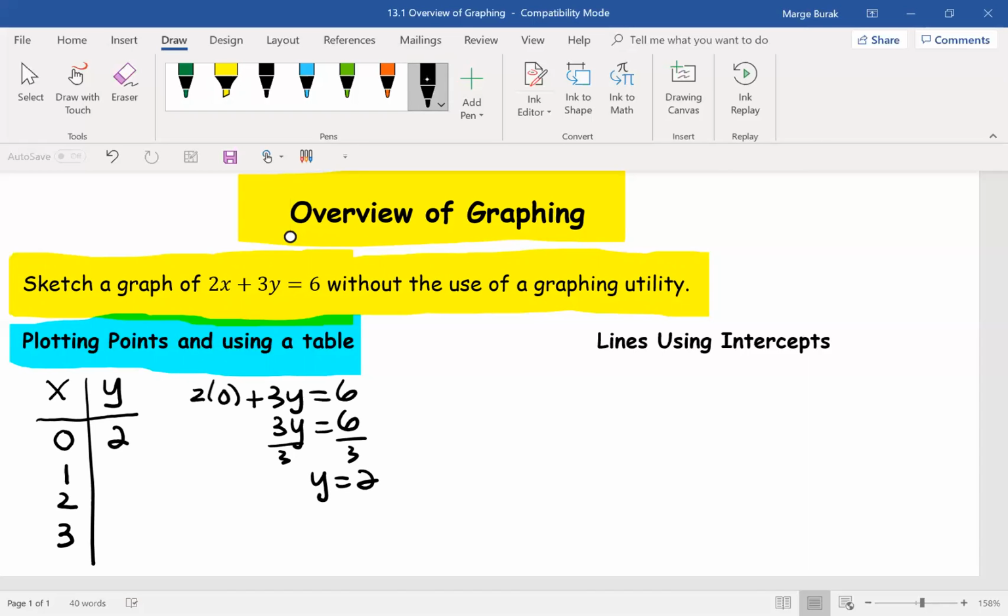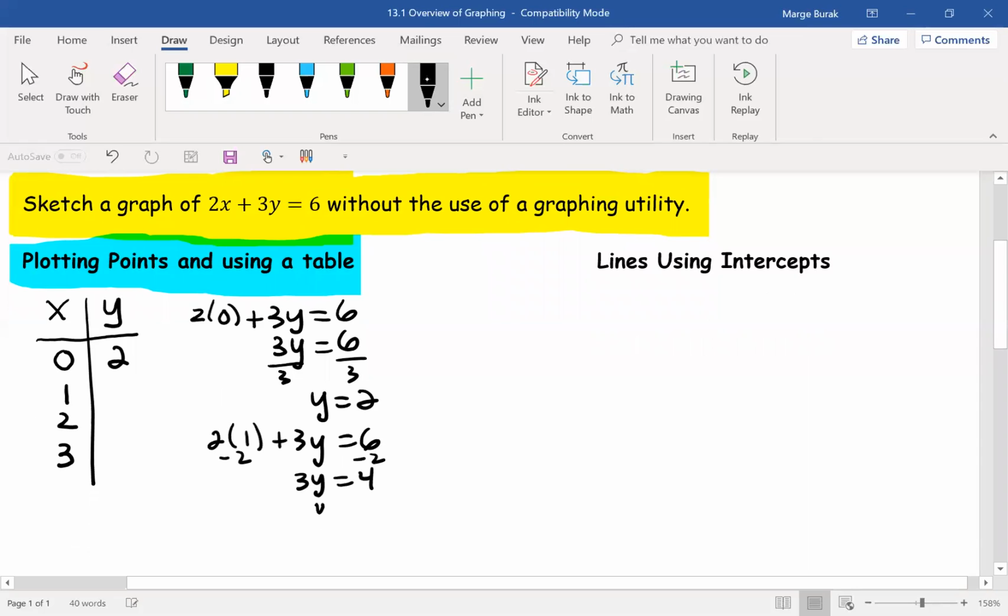If I have 2 times 1 plus 3y equals 6, so minus 2 from both sides, 3y equals 4, and that gives me y equals 4/3. Yeah, fraction, huh?